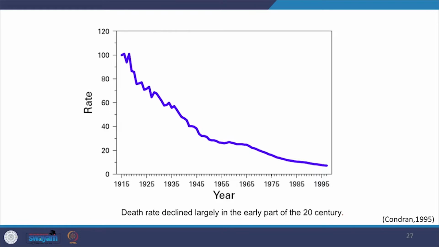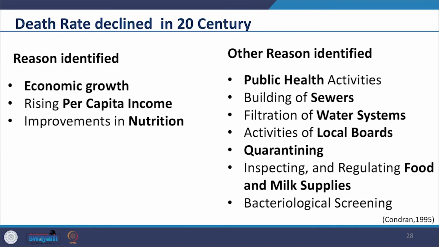We see that the death rate declined largely in the early part of the 20th century. One of the reasons identified is the economic growth and rising per capita income, as people started to earn more due to industrialization and the improvement in nutrition that happened along with it.